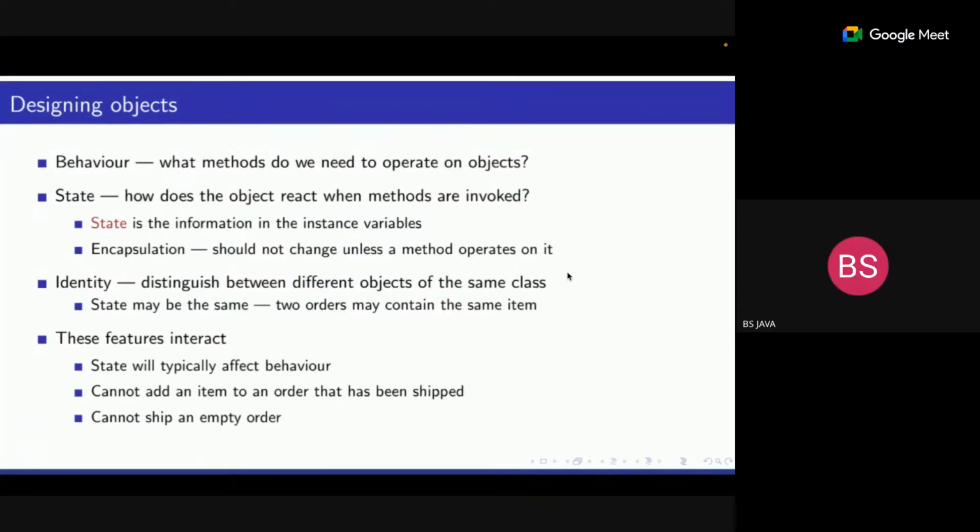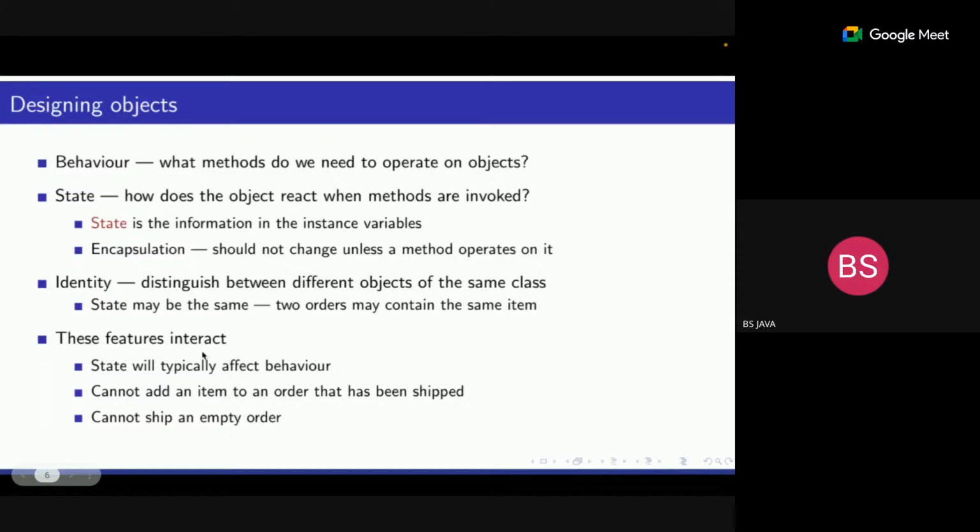So there will be some memory address, which is not seen by us. We have some methods to get the identity, just like in Python we have the id function, right? If you call id on something, you will get the pointer, correct? So identity basically distinguishes between different objects of the same class. This is another feature of an object.